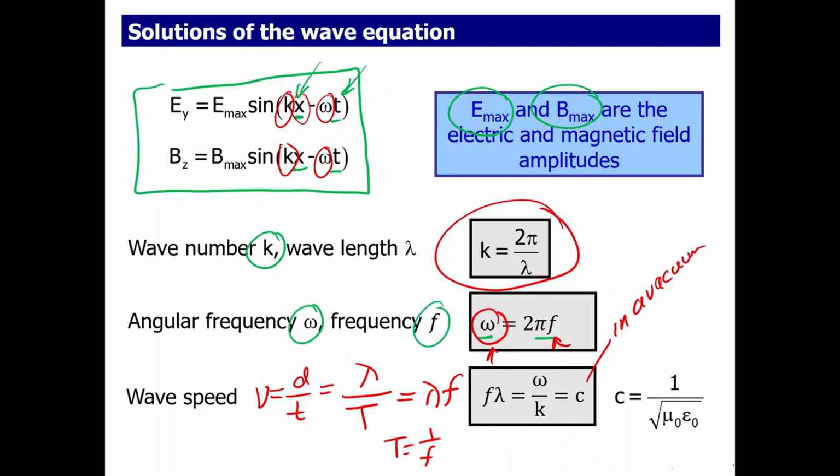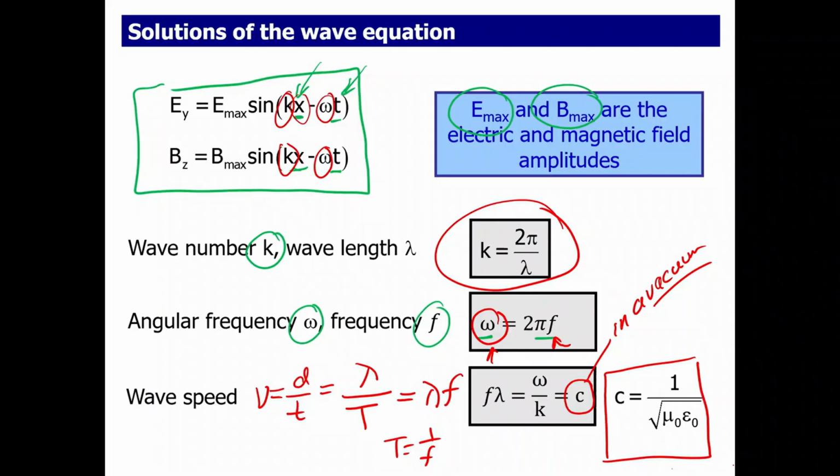Now, if we are in a vacuum, then that wave speed is the speed of light. And air is close enough to a vacuum for our purposes 99% of the time in this class. So we have a definition of c as being 1 over the square root of mu naught epsilon naught.